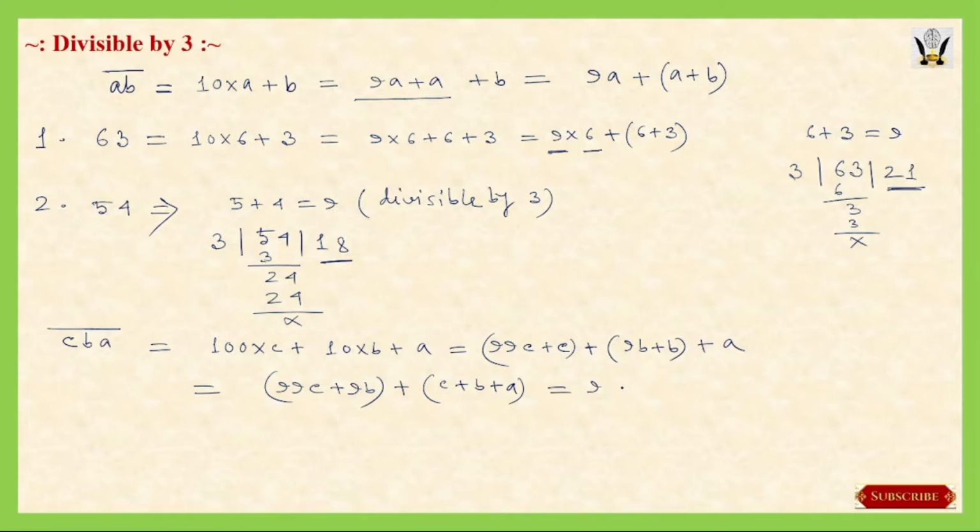If we take 9 common, then within the bracket we will have 11A plus B, and in the second bracket we will have A plus B plus C.